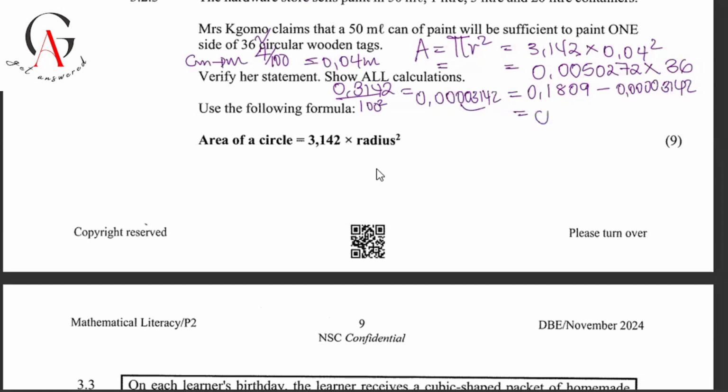So we've ended up having about 0.05 meters squared. Yet the spread rate that we have is 6 meters squared per liter.